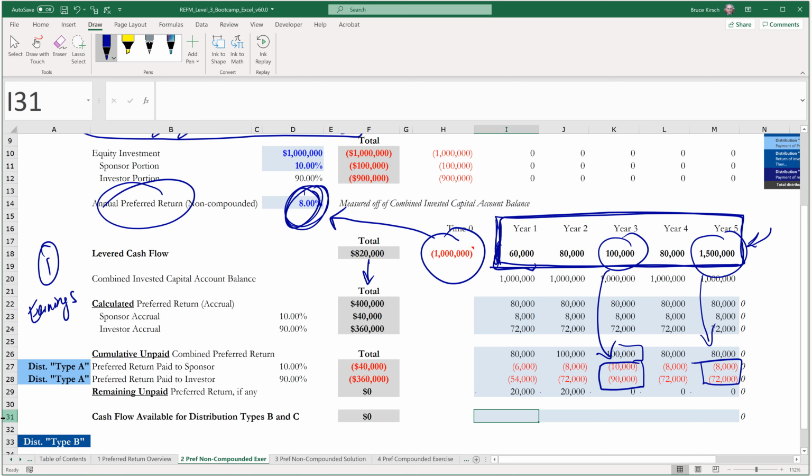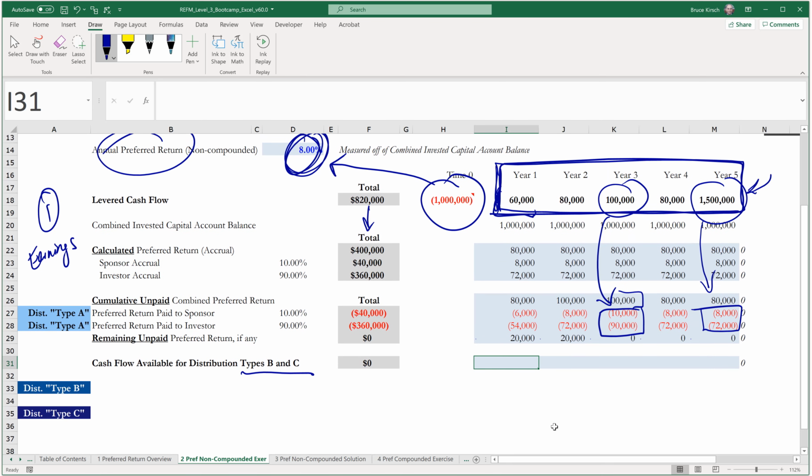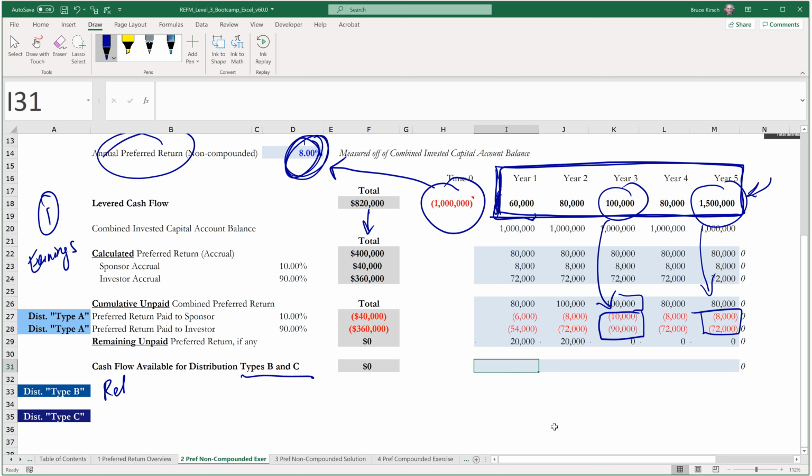The last item here is to solve for what dollars remain in each period, if any, that are available for distribution types B and C, which are return of capital and residual profit split.